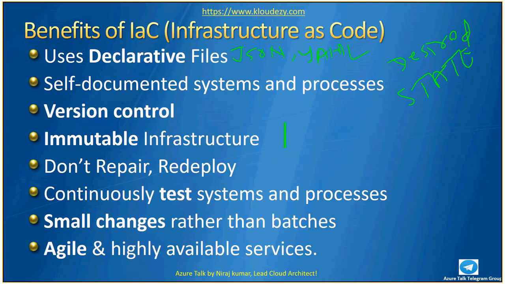You just have to declare it in an ARM template and things will be taken care of by Azure Resource Manager. Now, self-documented systems and processes: since you are declaring everything in a very easy to understand language, you no longer actually need a place for knowledge management.